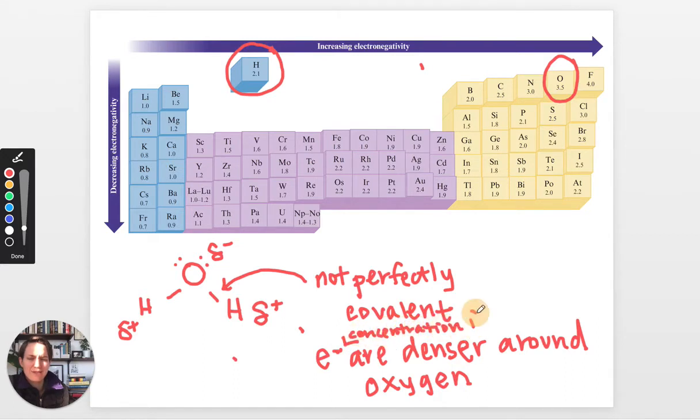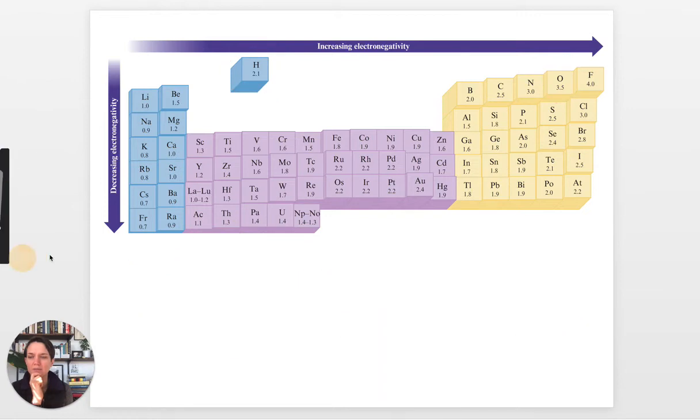It's not the electrons themselves that suddenly became denser because they're around oxygen, but them relative to each other. Hopefully that makes sense. So basically, if you were to look at an electron probability map like we've seen before, you would have most of the electrons, or greater electron density, around our oxygen, and that is what is contributing to this slight negativity.